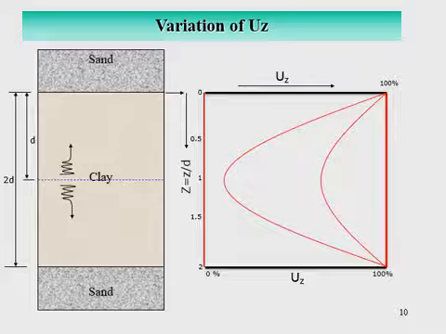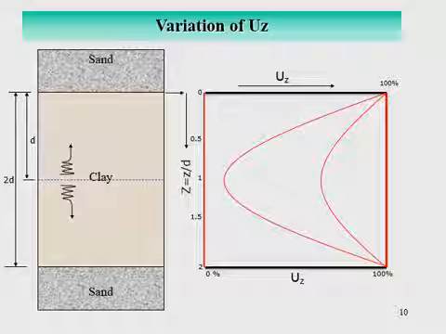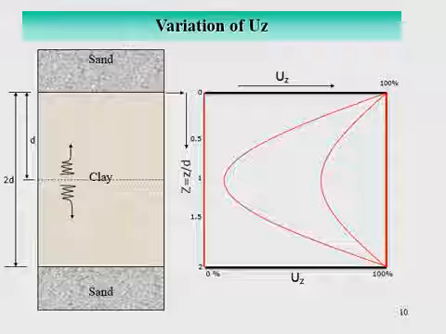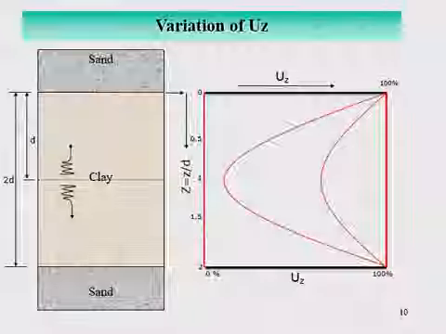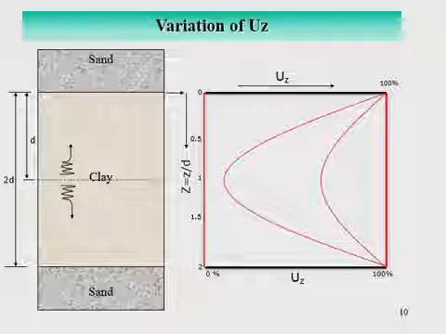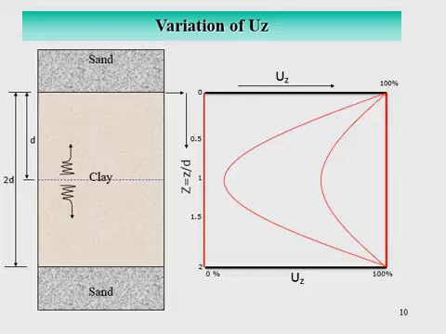So we have represented this y-axis by Z by D. D is this D, right? And Z is a variable. So when Z is equal to 0, which is here, Z by D is equal to 0. When Z is equal to D at the center, D by D is equal to 1.